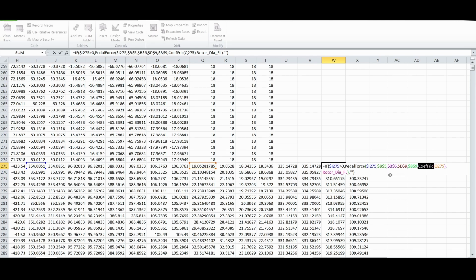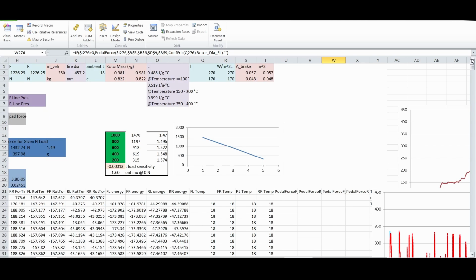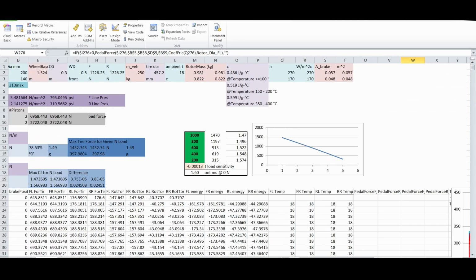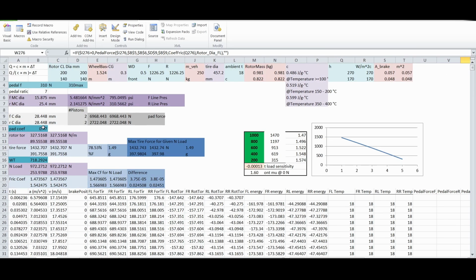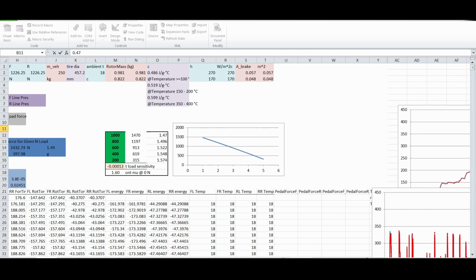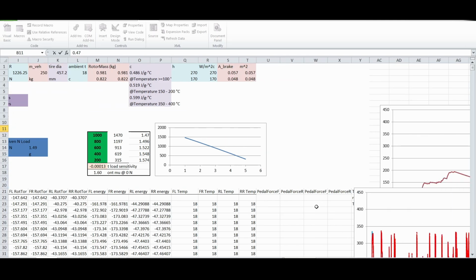So the coefficient of friction would be based off the temperature of the rotors. So again, I did one with the constant coefficient of friction of just 0.47, which is what we did in all the previous calculations before. And then I did one where the coefficient of friction is based off temperature using the chart we got from Wilwood.